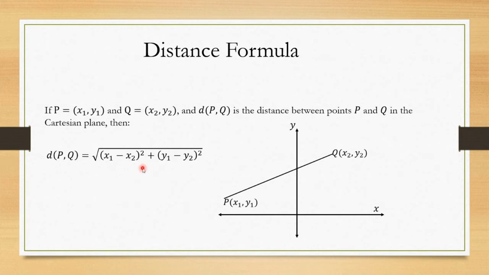What's nice is, as you'll see in the example, it really doesn't matter what order you subtract. Here we have x sub 1, the x coordinate of P, minus the x coordinate of Q, but you could go the other way around because you're squaring.